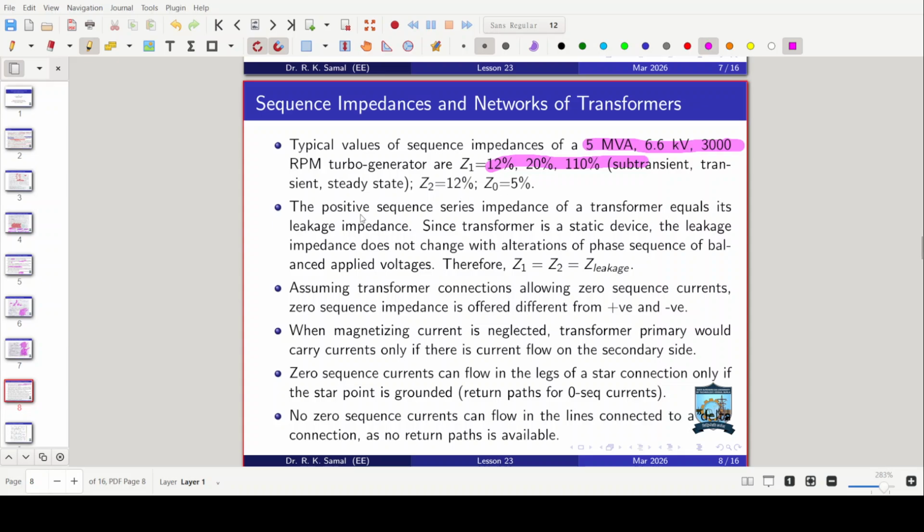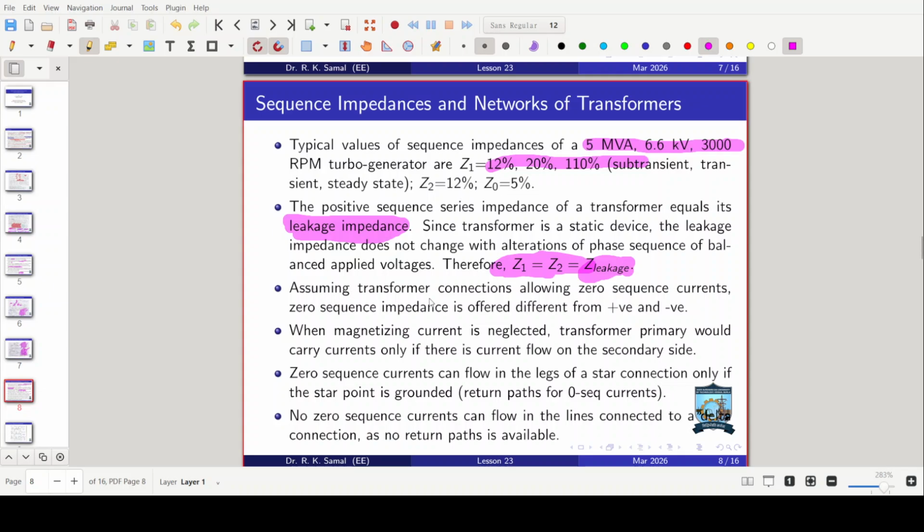Whereas the positive sequence series impedance of a transformer equals its leakage impedance. Since a transformer is a static device with no rotating magnetic field, the leakage impedance does not change with alternation in the phase sequence. So due to the absence of any rotating field, the positive and negative sequence reactances of the transformer are the same, and that is the leakage impedance.